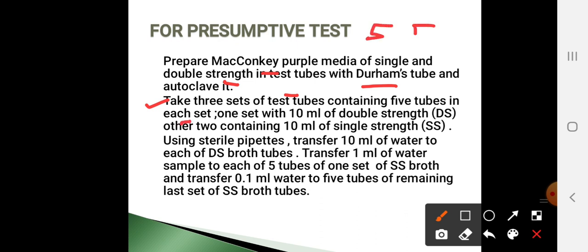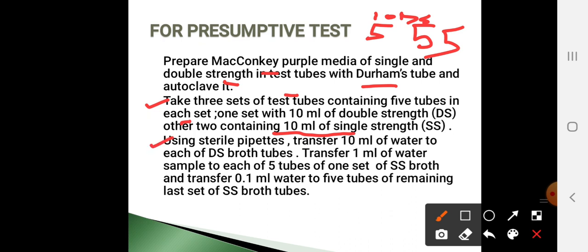One set will contain 10 ml of double strength medium, and the other two will contain 10 ml of single strength medium. Double strength means double the amount of media, and single strength is the single amount of media.